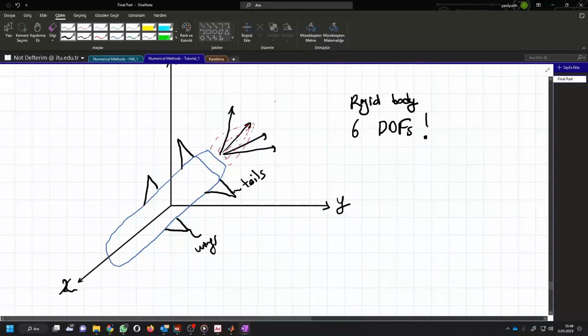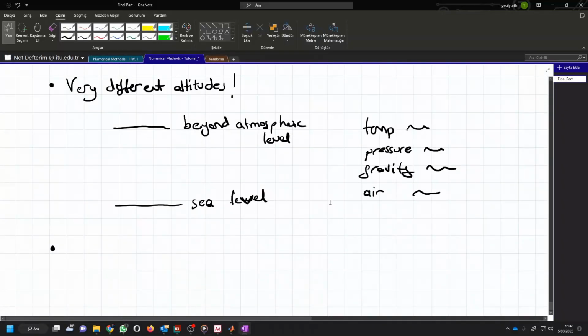And this also has to be included in your differential equations, thrust vectoring. Let me write this down, thrust vectoring.